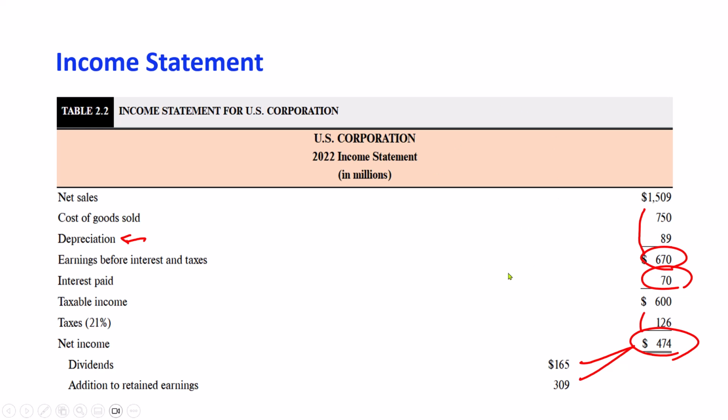This income statement shows how the firm performed over a period of time, whether they were able to generate profits or not. In the next video, I'm going to go over the statement of cash flows and show why this number sometimes is significantly different from the actual cash flow that you generated during the same period.